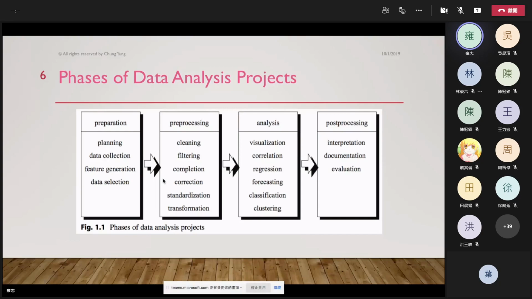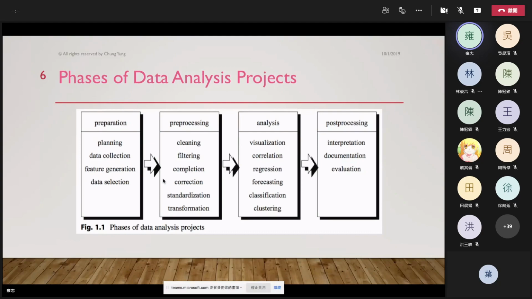The second phase is the focus of the data analysis project. The analysis algorithm is applied here in the third phase. We may use the techniques in visualization, correlation, regression, forecasting, classification, and filtering to do the analysis.